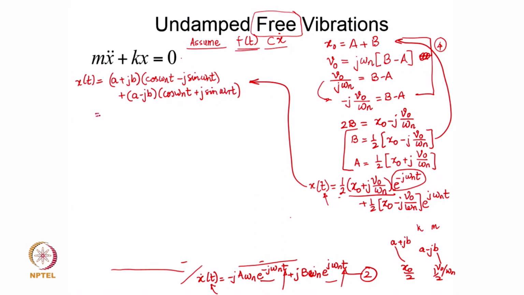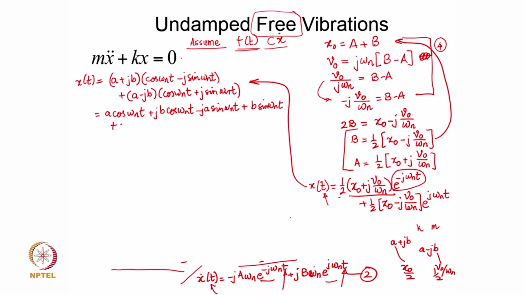Now, what do you get from here? You expand this, what you get is a cos omega n t plus j b cos omega n t, and then minus j a sin omega n t, and that becomes plus b sin omega n t. You can try it yourself.